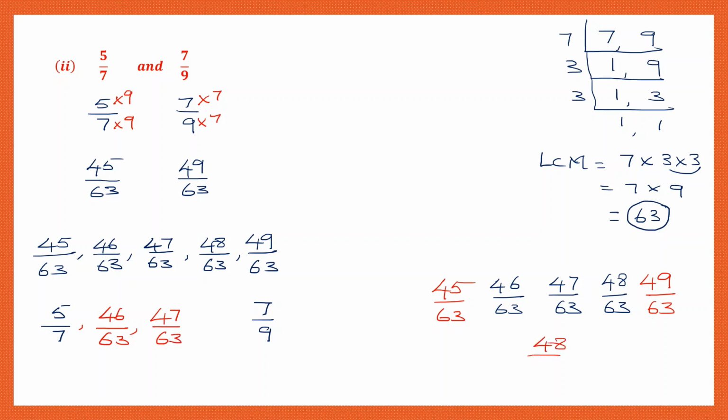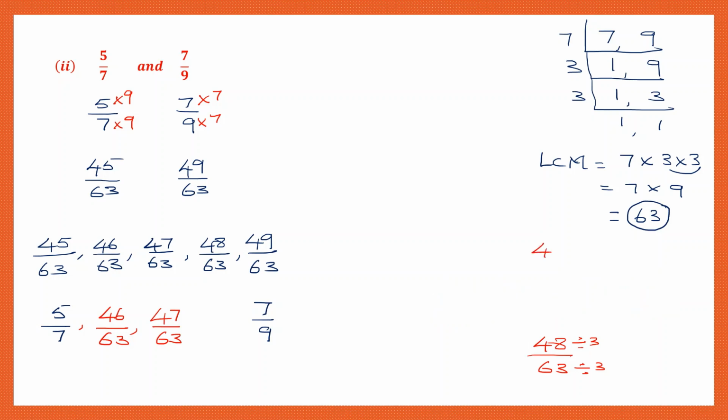The next one is 48 by 63. Now 48 by 63, both are divisible by 3. So let's divide both by 3. 48 divided by 3 and 63 divided by 3. So let's do short division. 48 divided by 3. 3 ones are 3. There's one left, so that becomes 18. 3 sixes are 18. So 48 divided by 3 is 16.